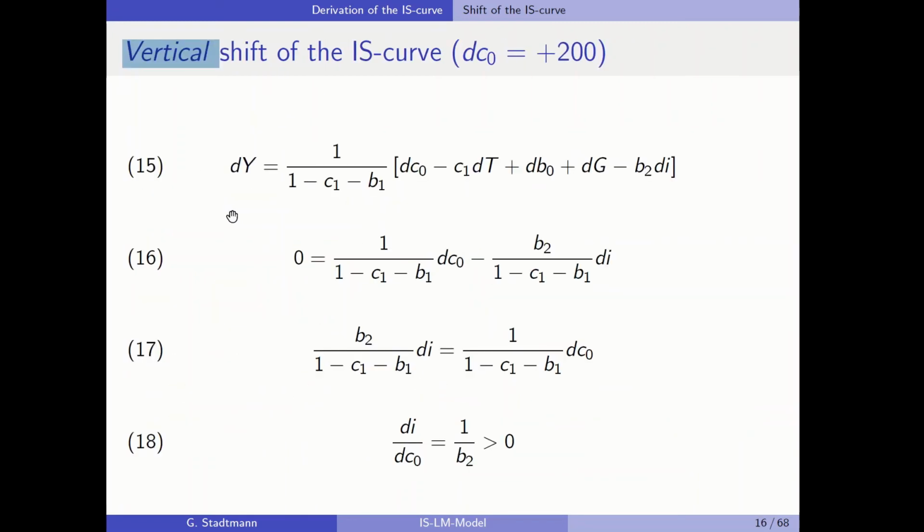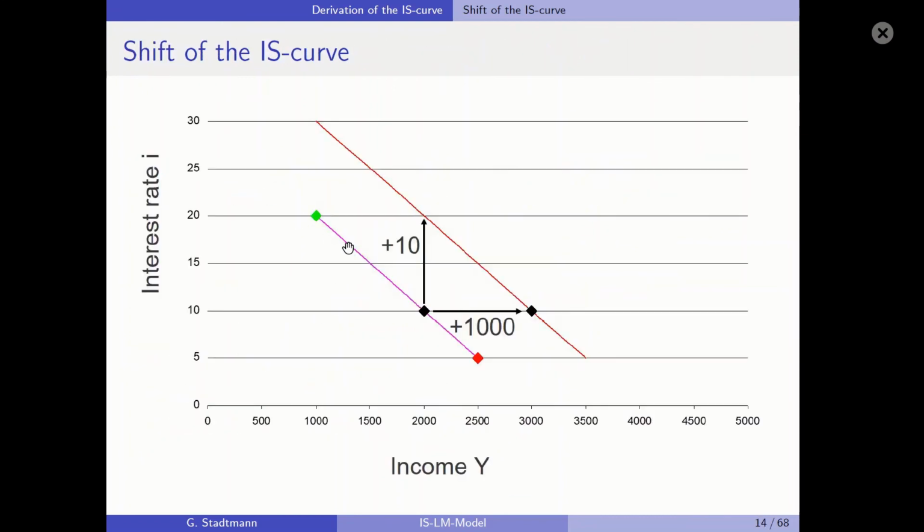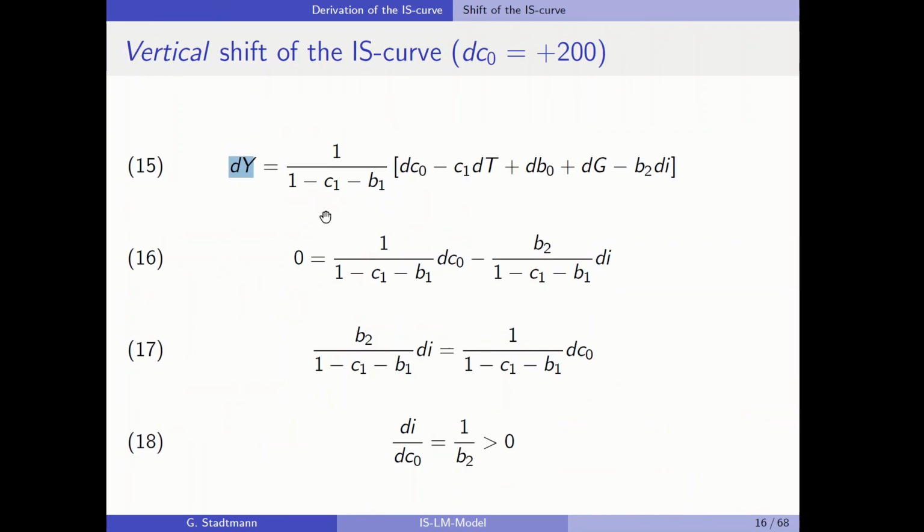We once more start with a total differential. Now it is the case that dY is equal to 0 because the GDP level is always at the level of 2000. The change in income is equal to 0. Therefore, we can set this relationship equal to 0.